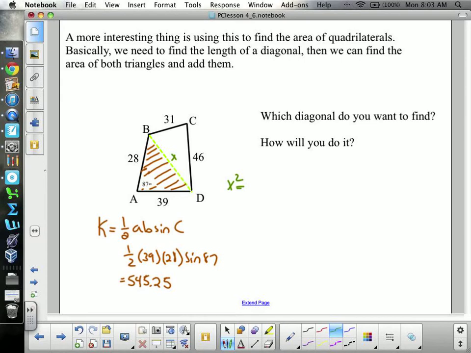X squared equals 28 squared plus 39 squared minus 2 times 28 times 39 times cosine of 87. And that's probably the easiest way. So I take the square root of 28 squared plus 39 squared minus 2 times 28 times 39 times cosine 87, which gives me 46.8.